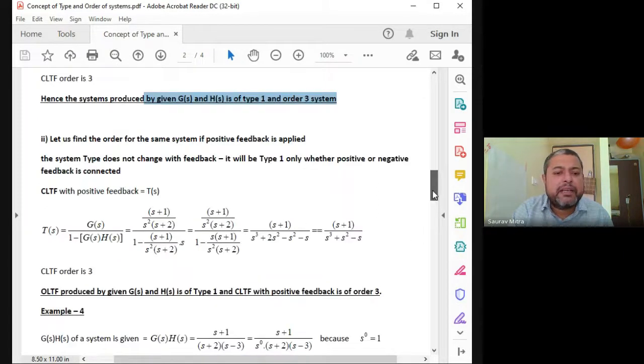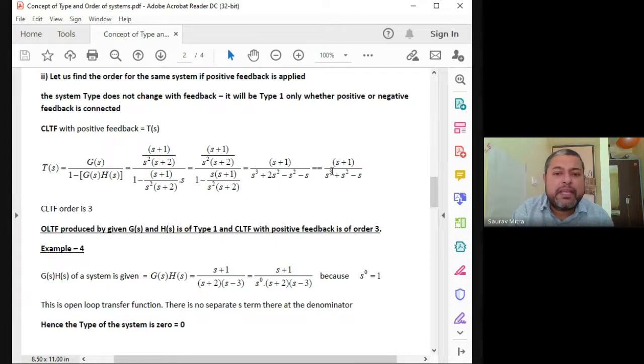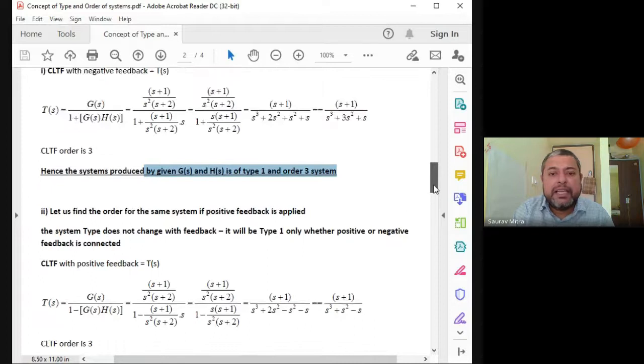With positive feedback, we find S plus 1, S cube plus S square minus S. With negative feedback, it was S cube plus 3S square plus S, and with positive feedback, the closed loop transfer function is S cube plus S square minus S. So what we have found from this numerical for the given GSHS is that positive or negative feedback does not change the order of the system. Here with negative feedback, the order was 3. Here with positive feedback, the order is 3.